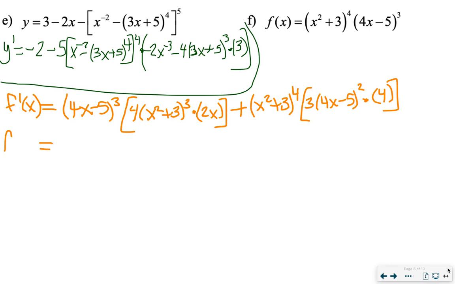Looking across all of them. Okay, well I can take out a 4, and then between both terms I can take out a 4x minus 5 squared and an x squared plus 3 to the exponent 3.